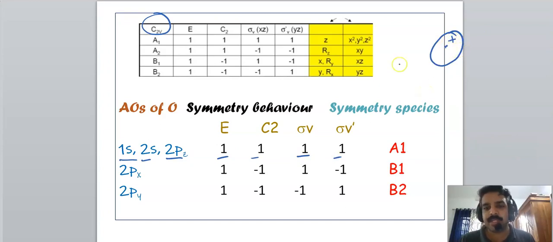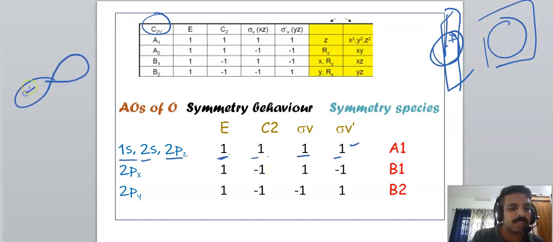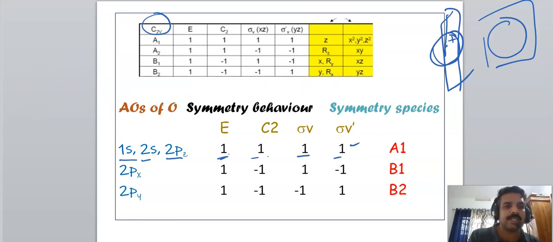So the character under E will be 1, C2 character will be 1, sigma V xz character will be 1 and sigma V yz character will also be 1. As in the case of the 2pz orbital also. 2pz is not like this. 2pz is on the z axis.